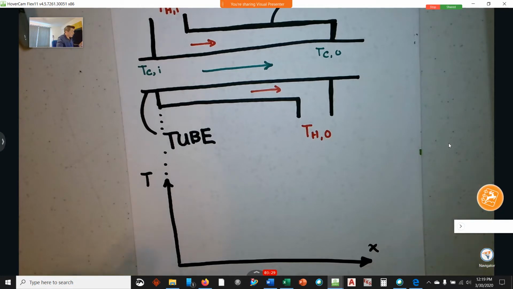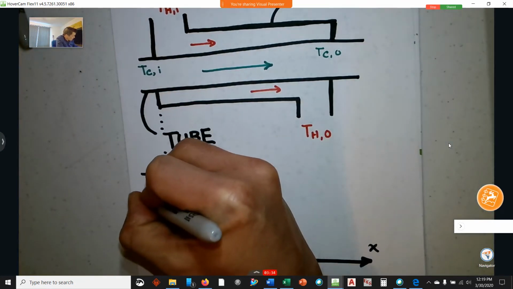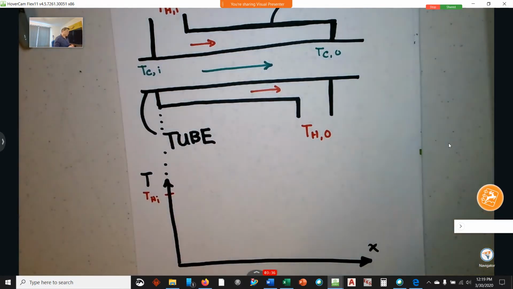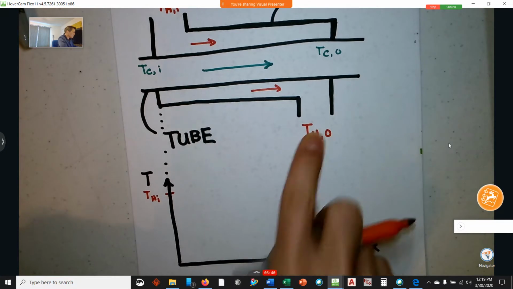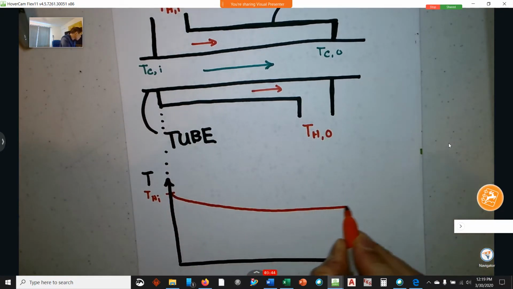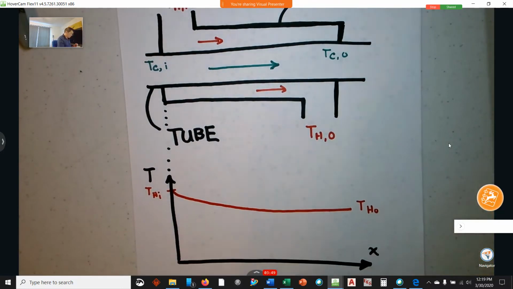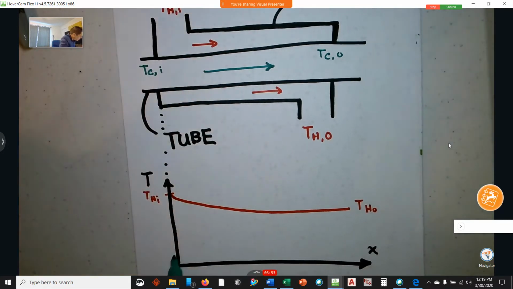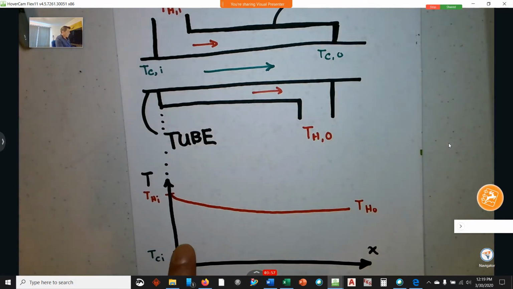We can plot then the hot fluid starts at some very hot inlet temperature. And then that's going to cool down as it's passing through this system. The cold fluid is going to start at some very cold temperature, and that's going to warm up.